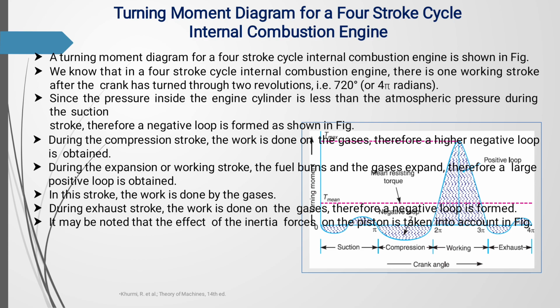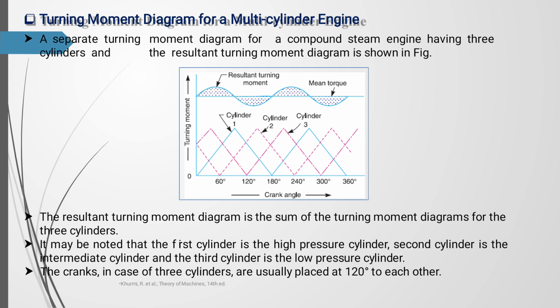So how is the turning moment diagram constructed for a multi-cylinder engine? The multi-cylinder engine turning moment diagram is clearly represented in the figure. It shows the separate turning moment diagrams for a compound steam engine having three cylinders, and the resultant turning moment diagram.